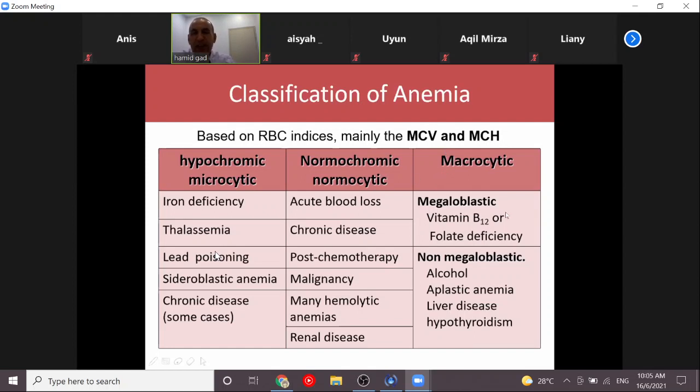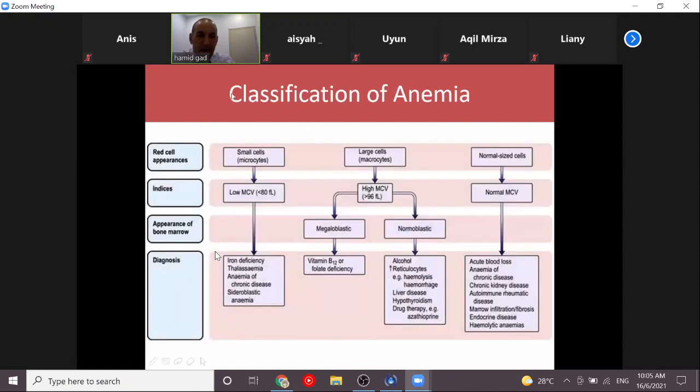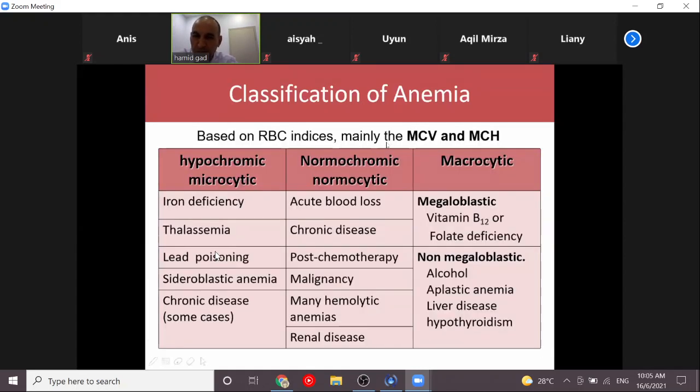Again, check straight away, look for vitamin B12 and folic acid. Don't go to iron. The same thing here. This is in the blood, and this is MCV. You can go through this one. The same thing, just in the other way. For megaloblastic, we can check the bone marrow, but usually we don't need to. When you find macrocytic, check vitamin B12 or folic acid.